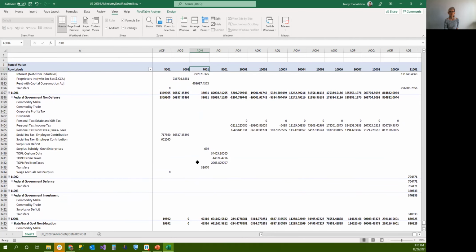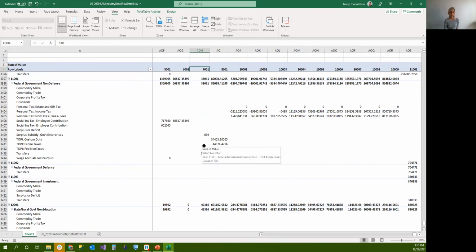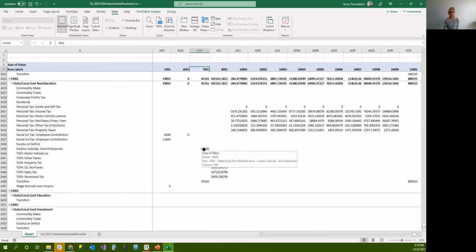Had me confused. Okay, so let's see what it is paying. Where do I have this? Oh, okay. So let's look at TOPI first, this 8001 one.